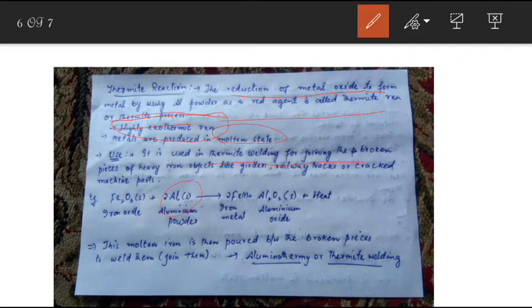For example, iron oxide Fe2O3 plus aluminum will form iron metal plus aluminum oxide. This is also the reduction of iron oxide. Iron oxide is reduced by aluminum because carbon is less reactive than iron. It will take place in this way.